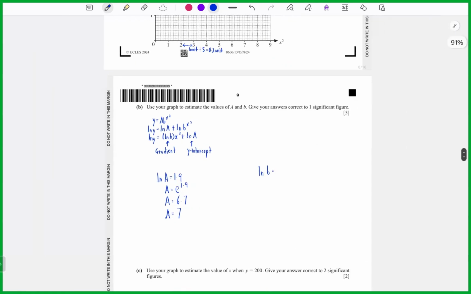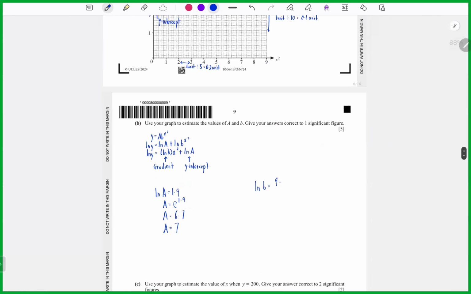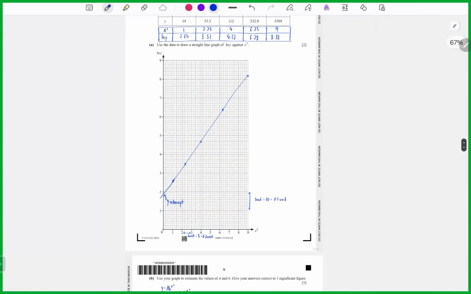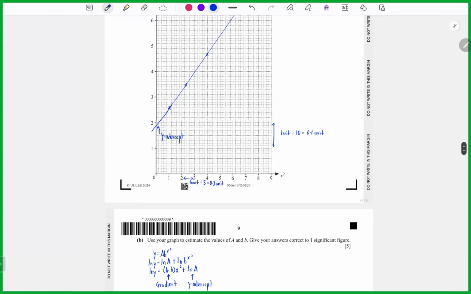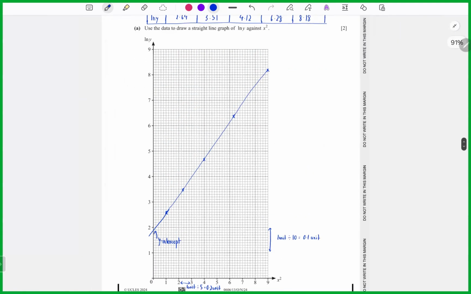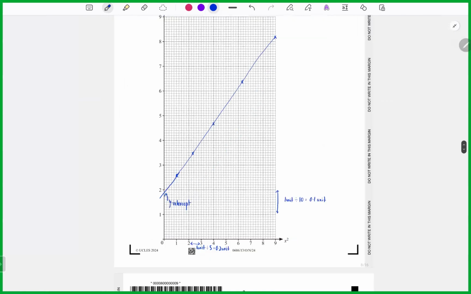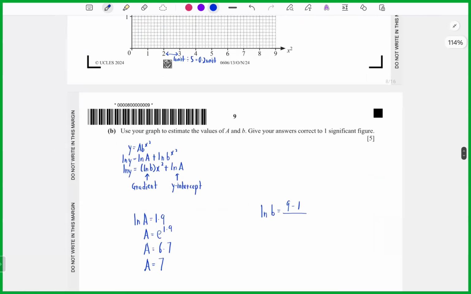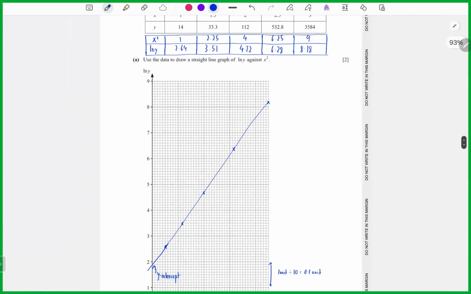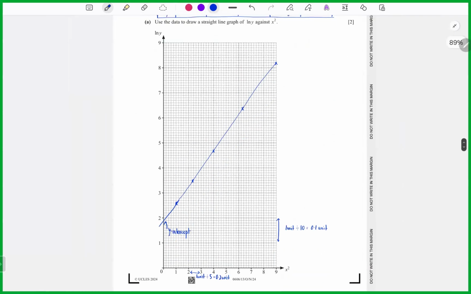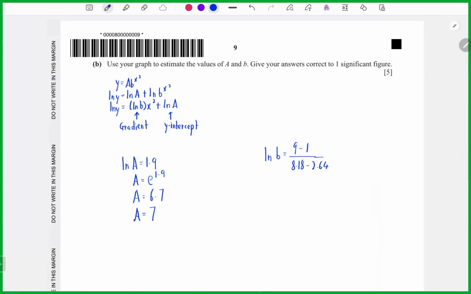So I write here 9 minus 1 over 8.18 minus 2.64.